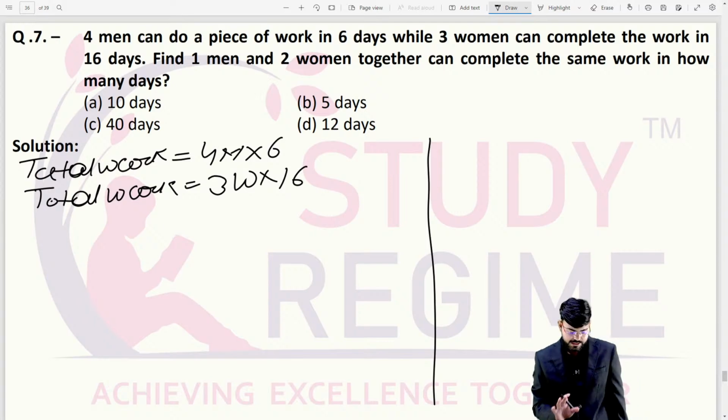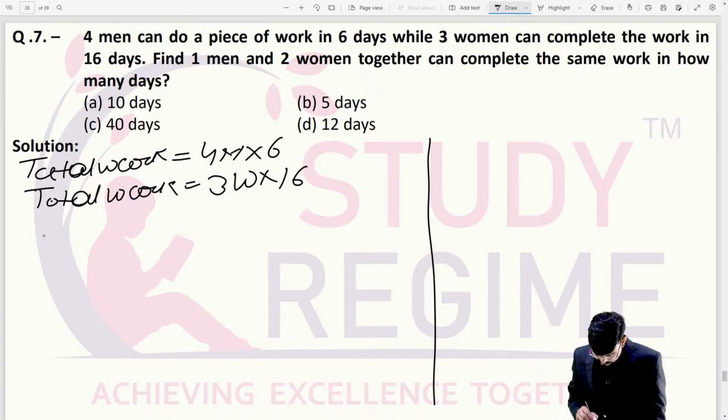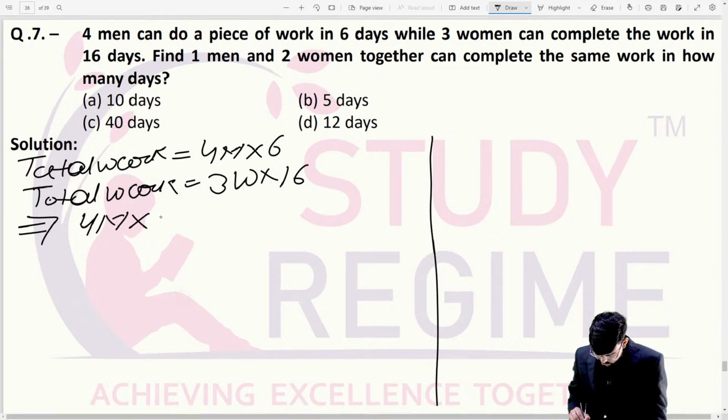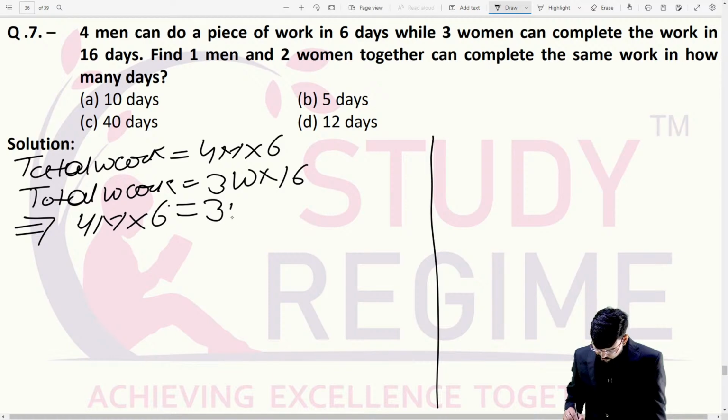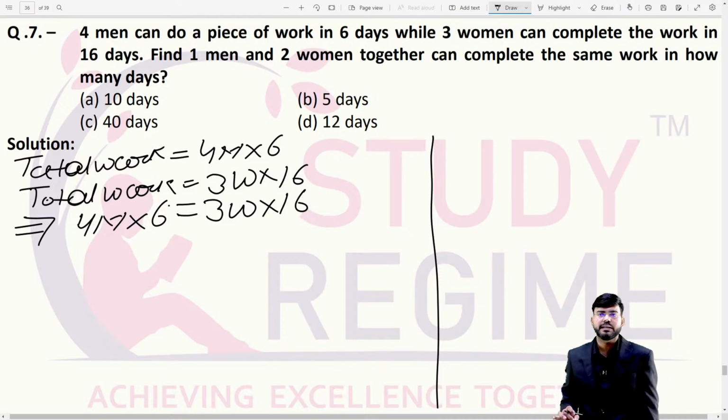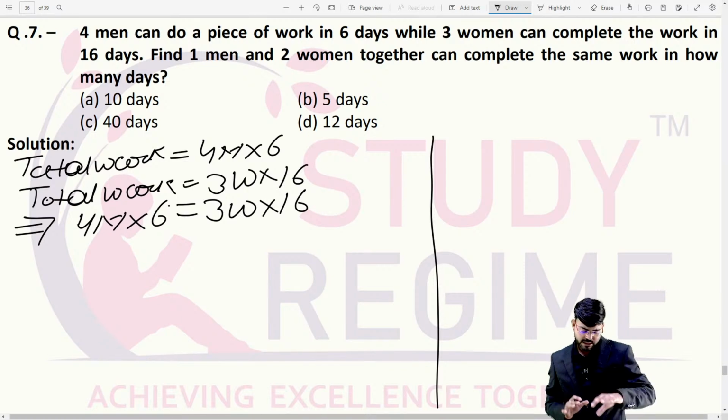Now since I can equate total work, let's equate this. 4 men into 6 days, while 3 women into 16 days. It is given in the question, 4 men can do a piece of work in 6 days and 3 women can complete the piece of work in 16 days. So I have just equated this total work.